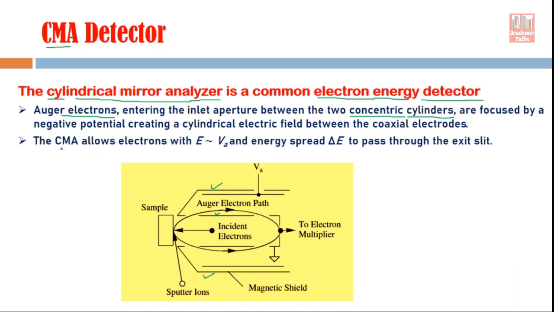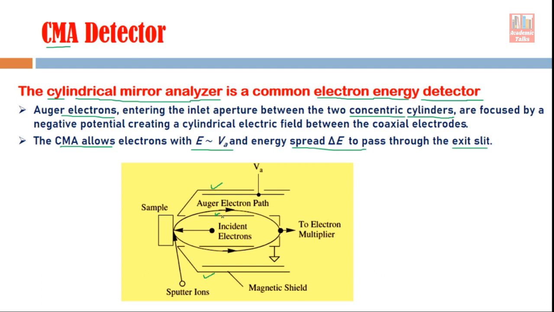Now this CMA design allows electrons with a specific energy and with a specific energy spread to pass through the exit slit. So only those electrons which have a specific energy will be able to come out of this slit. Electrons of other energies will follow different trajectories, so they may hit after or before the exit.